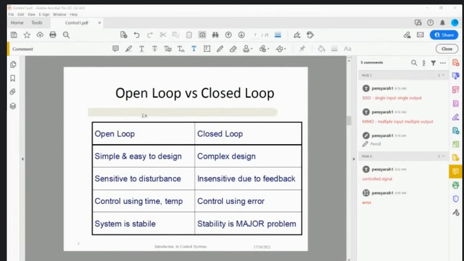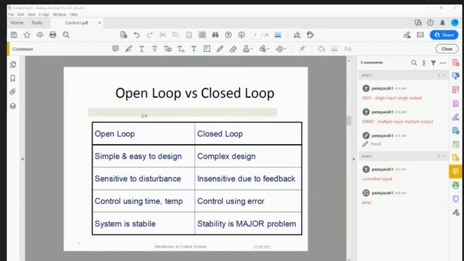this is the disadvantage of the open loop control system, meaning it's very sensitive to disturbance. If there is a disturbance to the system, the performance will become poor. The performance will be affected by the disturbance, because the system doesn't know there is a disturbance.